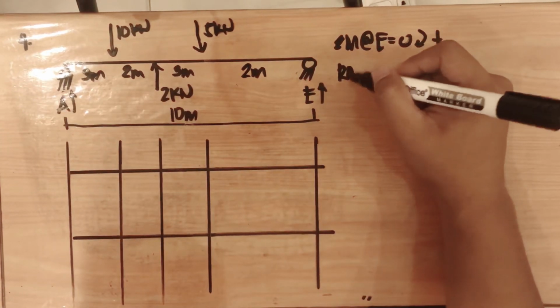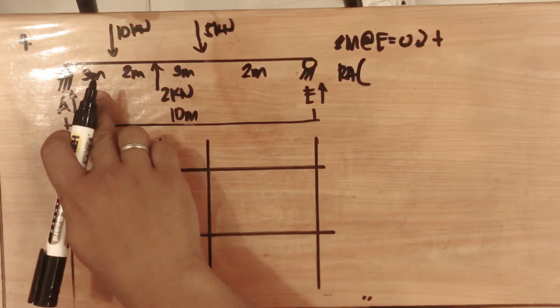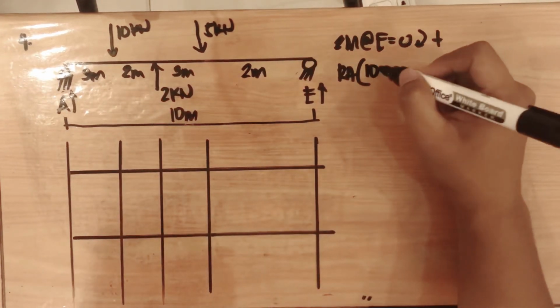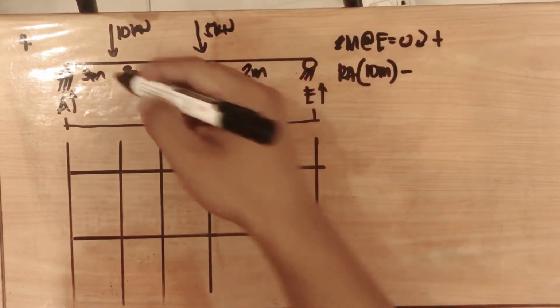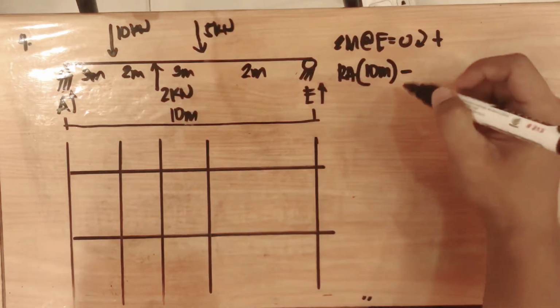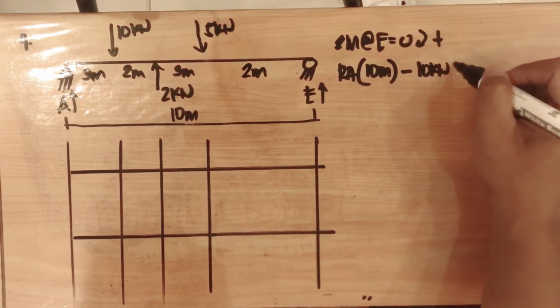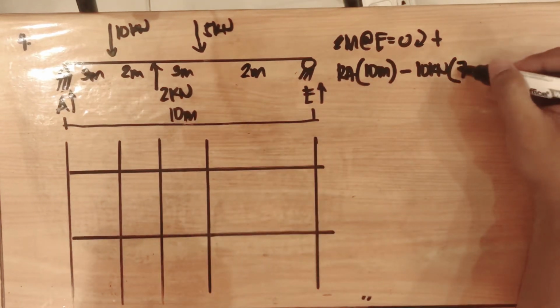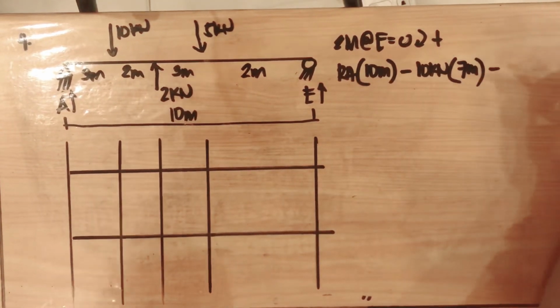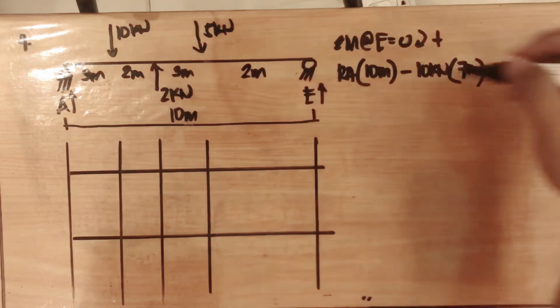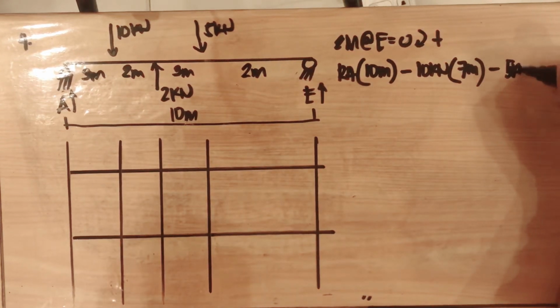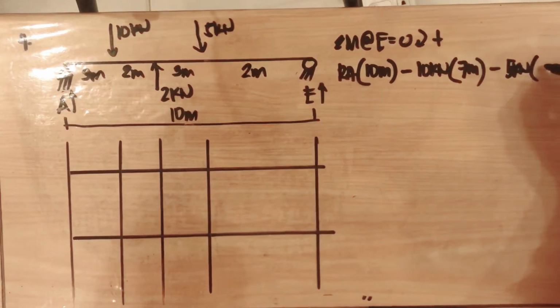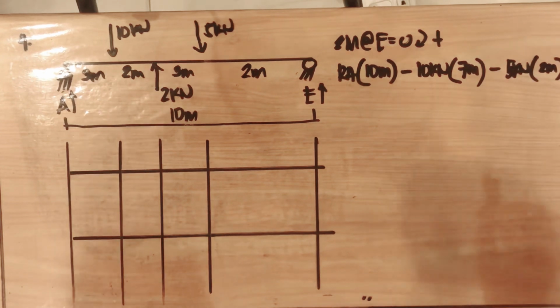So RA times total distance 3, 5, so 10 meters. Minus, counterclockwise ikot niyan, 10 kilonewton times distance 2, 5, 7 meters. Minus 5 kilonewton times total distance of 2 meters.